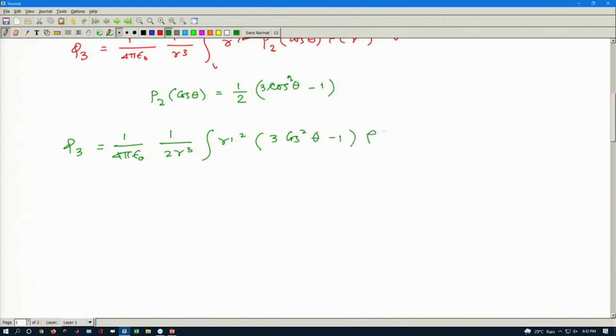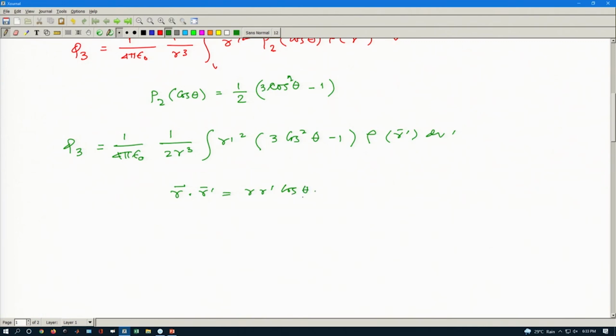I am writing the same term once again, but now I will deal with the cos square theta term, because we know that r dot r prime is r prime cos theta.